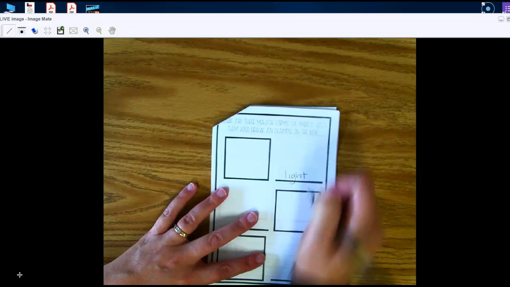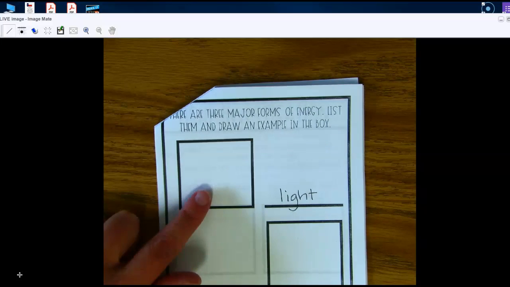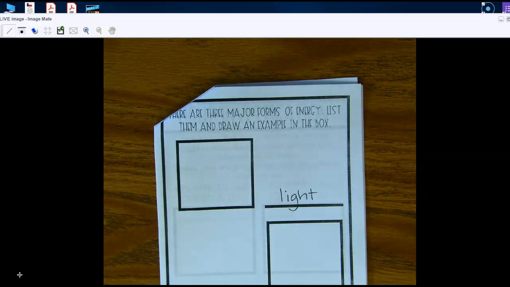L-I-G-H-T. I-G-H makes the I sound in light. Light. Now you're going to draw an example of it. Inslee already told us one example, the sun, or a light bulb, or a candle, okay, or a flashlight. You can draw any of those examples right here, and I want you to label it.